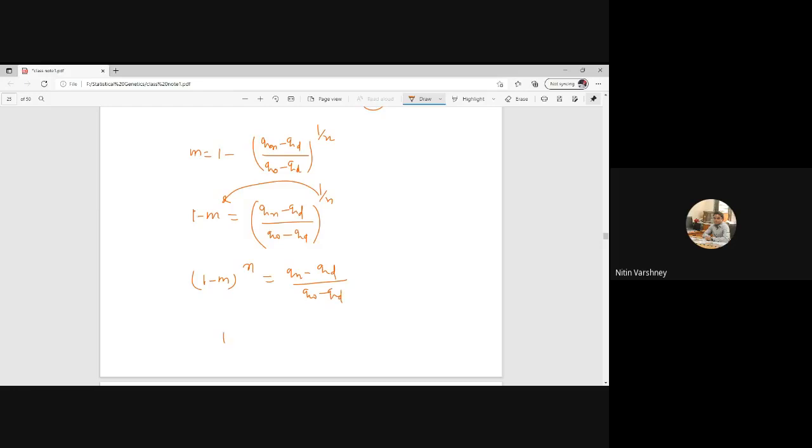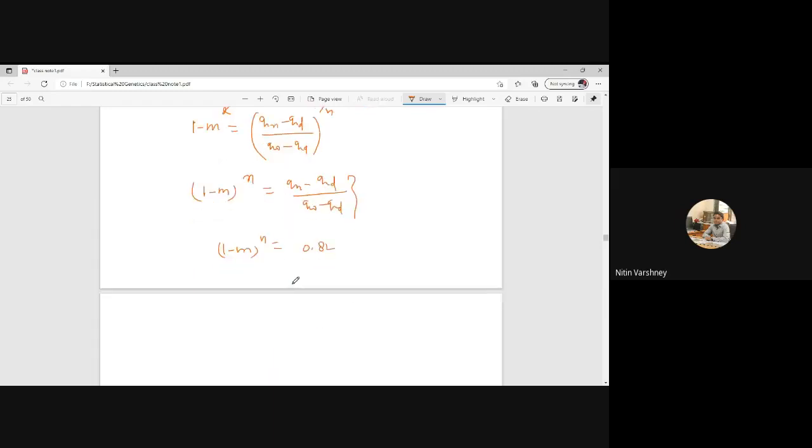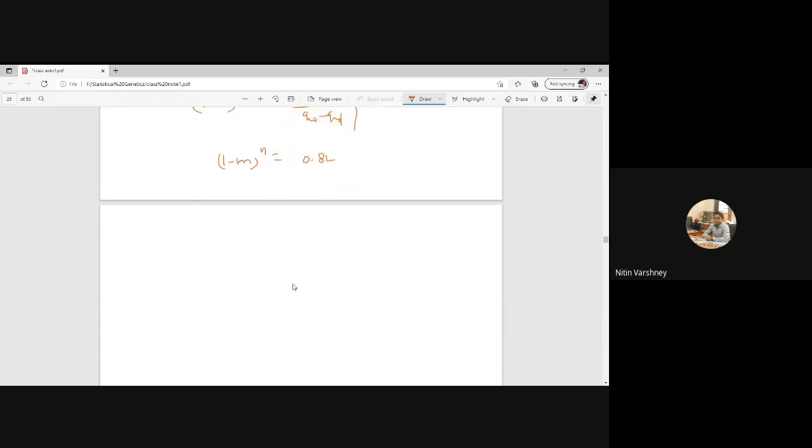After calculating, I'll get 1 minus m to the power n is equal to 0.82, because we have calculated this ratio comes to 0.82. So 1 minus m is equal to 0.82 to the power 1 by 10. After calculating this, we will get 0.0196. So this is the migration rate, approximately 2%.